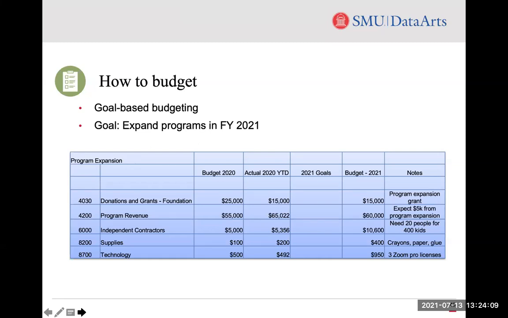You'll need to figure out how much you'll have to pay staff to teach those additional courses and whether you'll need additional supplies for those new courses. And if you have enough hours within your current online meeting account to cover the additional classes, or if you'll need to upgrade. Once you have the answers to these questions, you'll be able to fill in or adjust your budget lines accordingly.